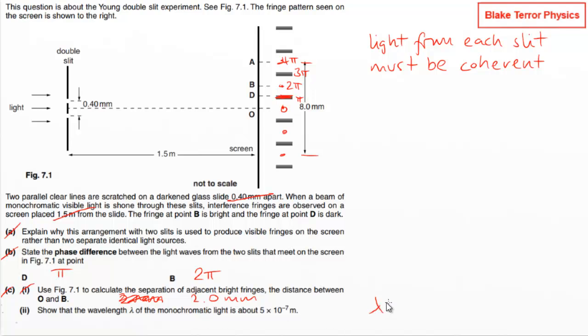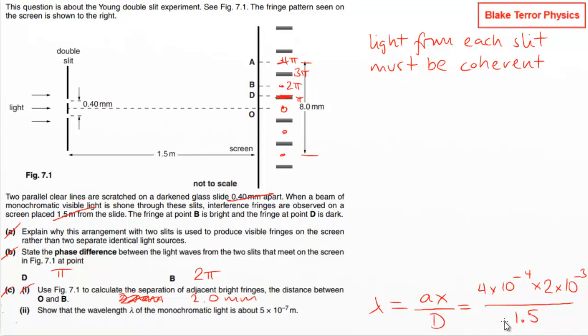So that's going to be our ax over D equation. So what have we got? We've got 0.4 millimeters, so 4 times 10 to the minus 4, times 2 millimeters, so 2 times 10 to the minus 3, divided by 1.5 for the distance to the screen.